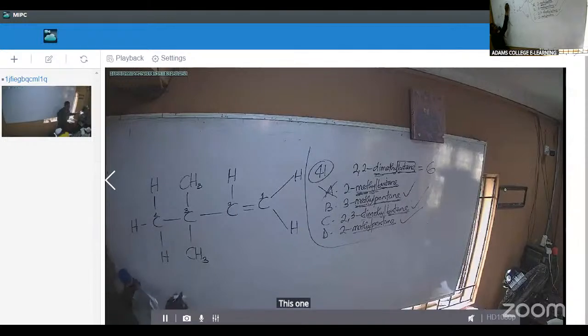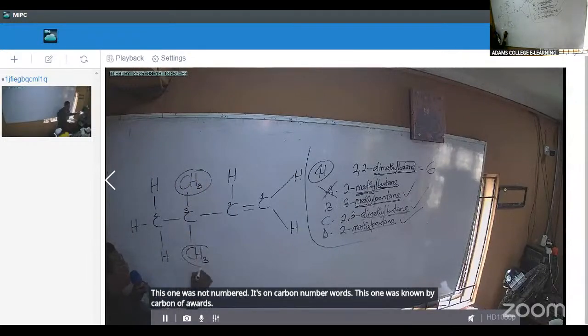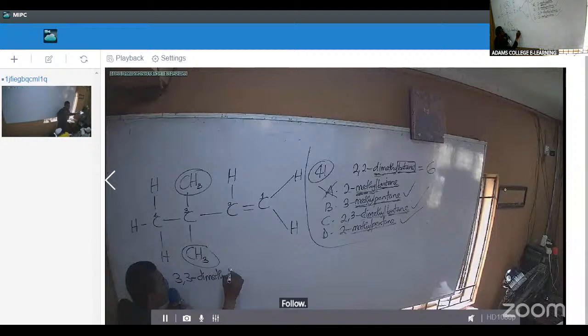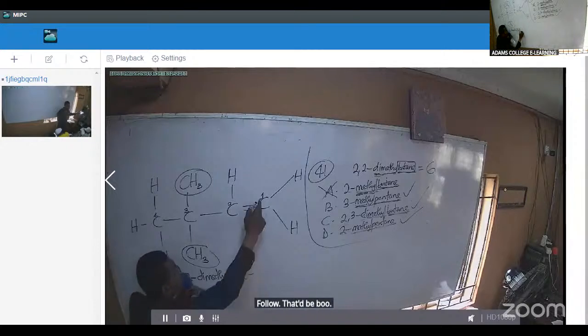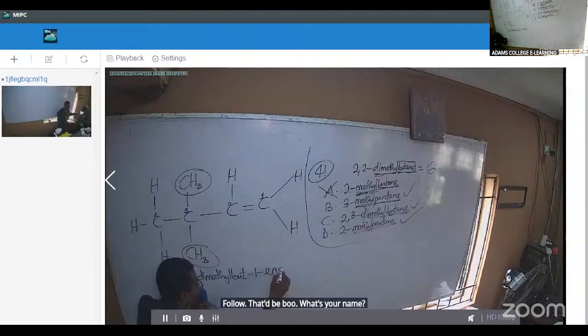It's on carbon number what? I will now say 3, 3, because there are 2. Dimethyl. How many carbon on the straight chain? 4. That'll be but. That's the name.